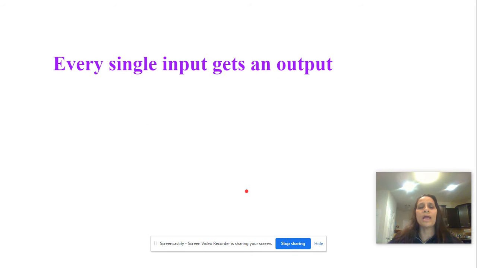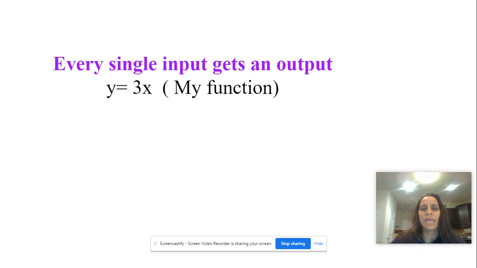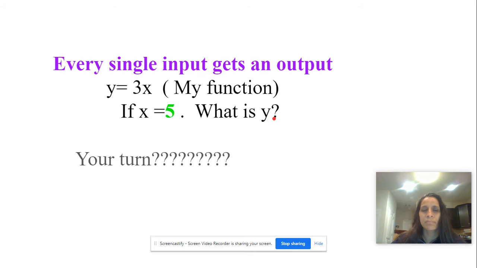Okay, remember, every single input gets an output. So again, I'm back to my function, y equals 3x. This time, I tell you that x is equal to 5. What is y? Okay, it's your turn to tell me.